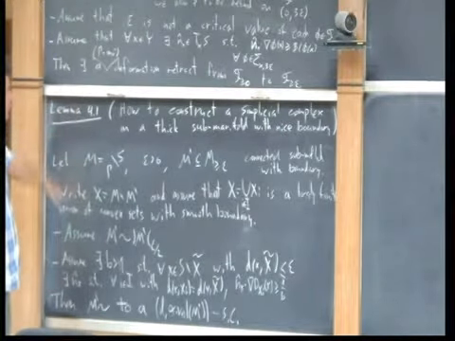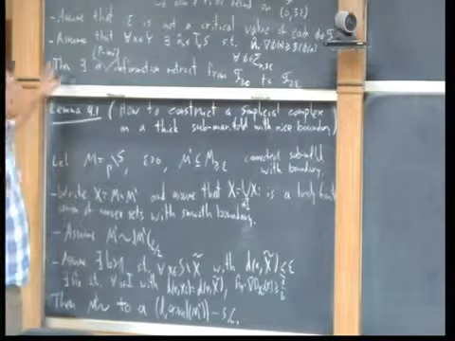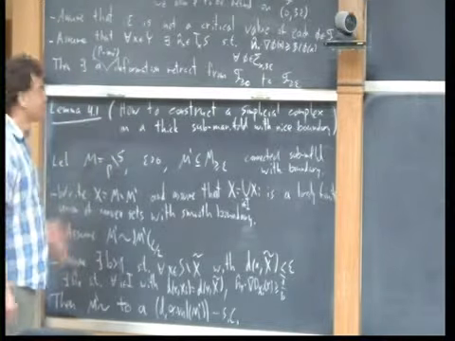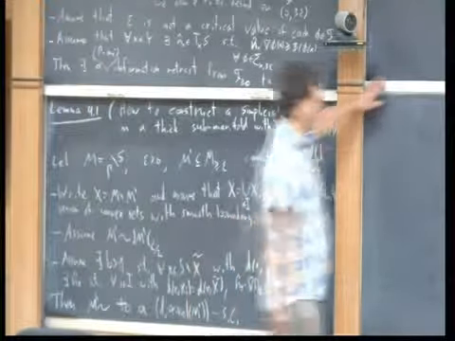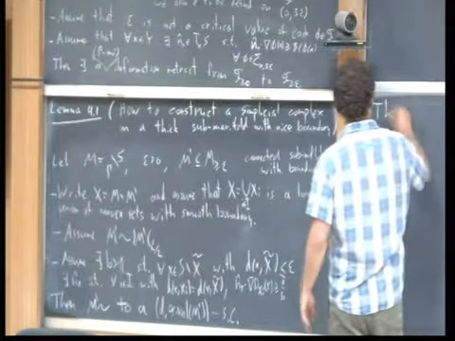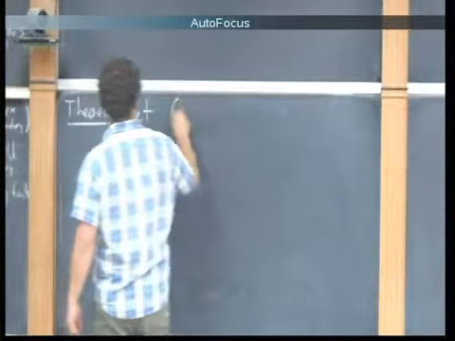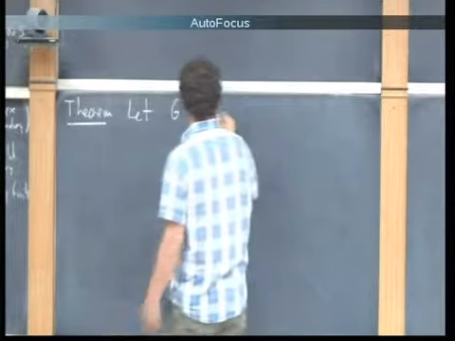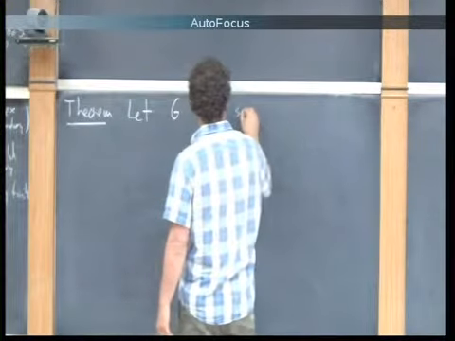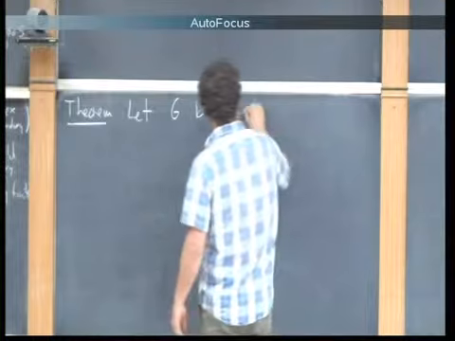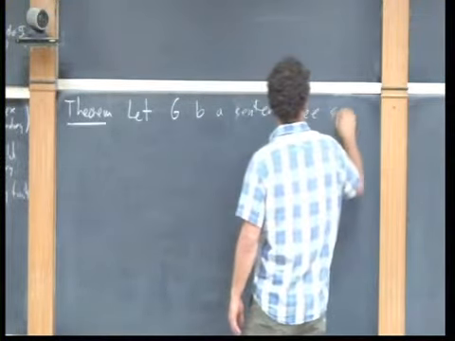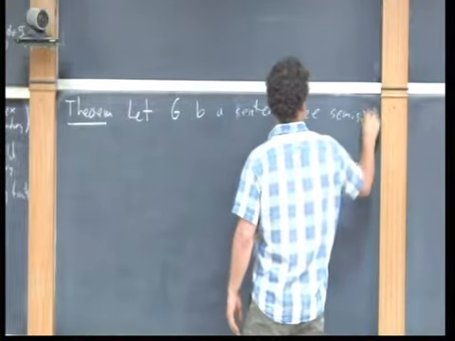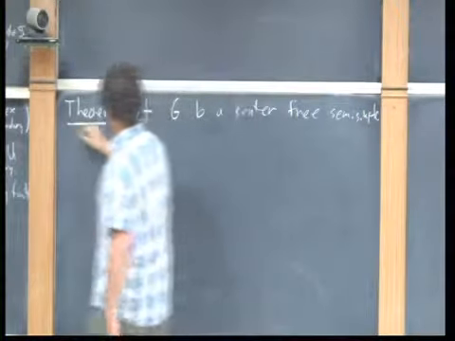So we proved these conditions, and now we want to apply them to prove the theorem, in two steps. What is the theorem that I'm going to prove? Let G be a center free semi-simple Lie group.